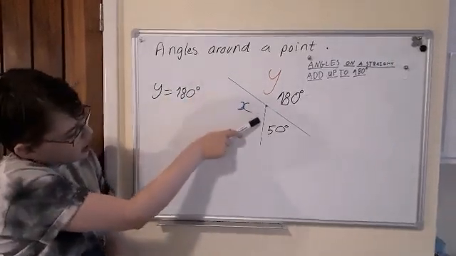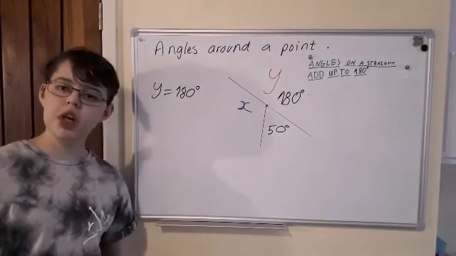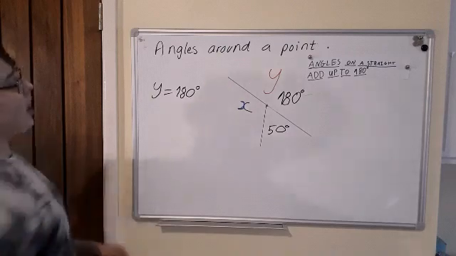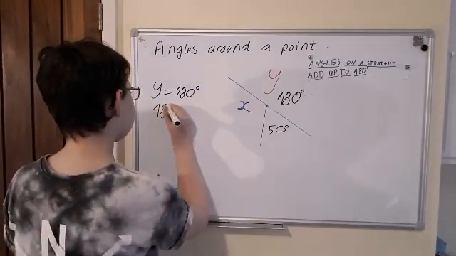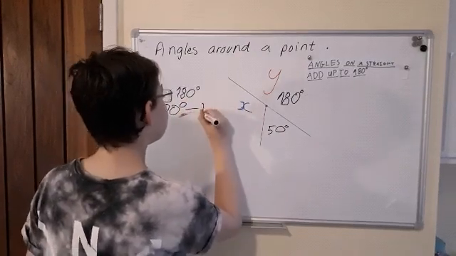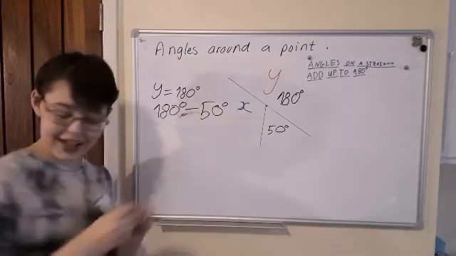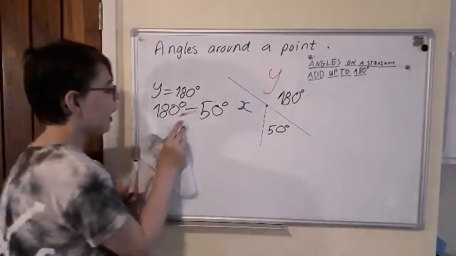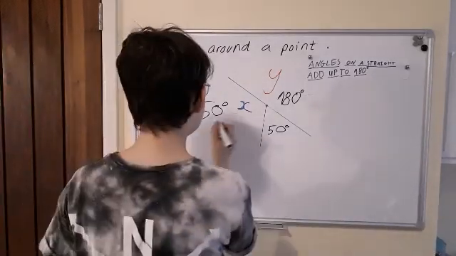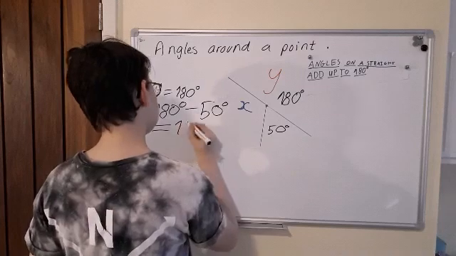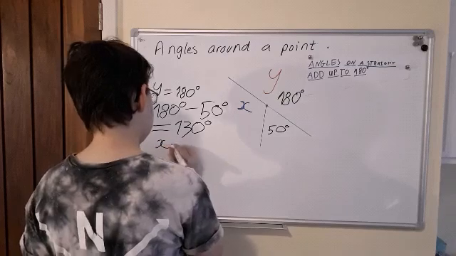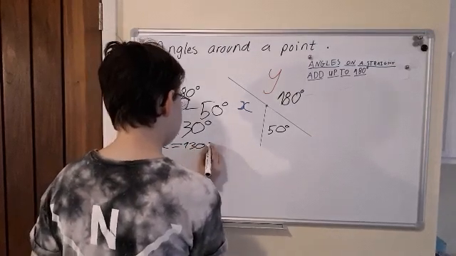As you can see, straight line, different angles on a straight line. We learnt this in the last episode. Always add up to 180, so why don't we do 180 minus 50 degrees, and that will give us our answer for x as well. So 180 minus 50 equals 130 degrees, ergo x equals 130 degrees.